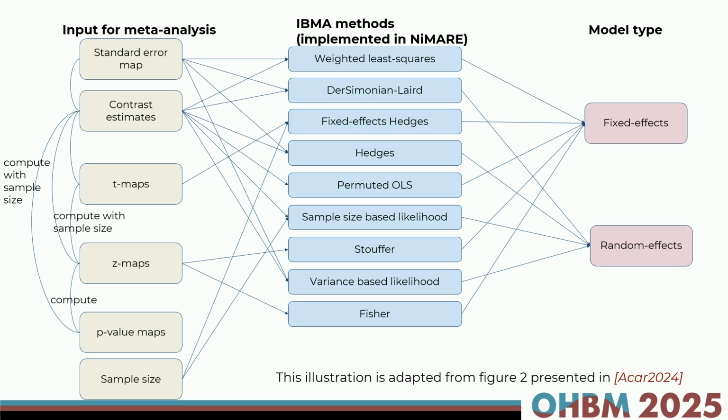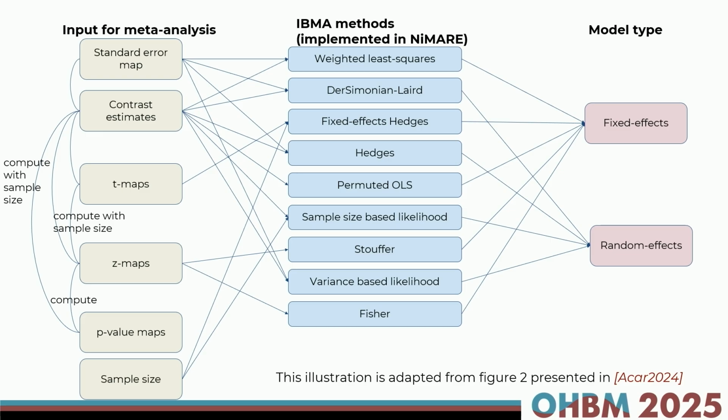So after knowing the key inputs for IBMA, the next question is how do we run IBMA with these inputs? The first column represents the inputs that we have just talked about, like standard error, contrast estimates, T-maps, Z-maps, p-value maps, and sample size. The column in the middle lists the IBMA methods which have been implemented in NiMARE. And we notice that each method depends on different inputs.